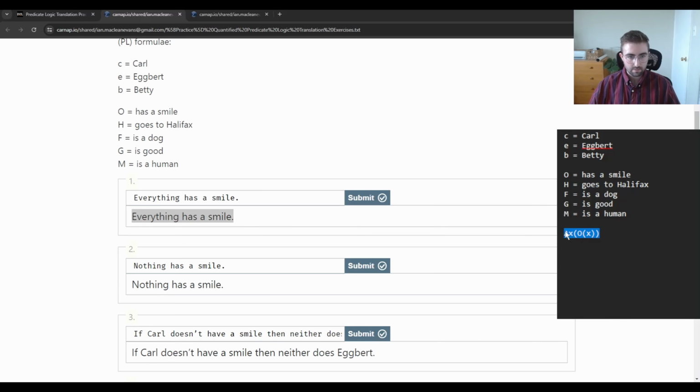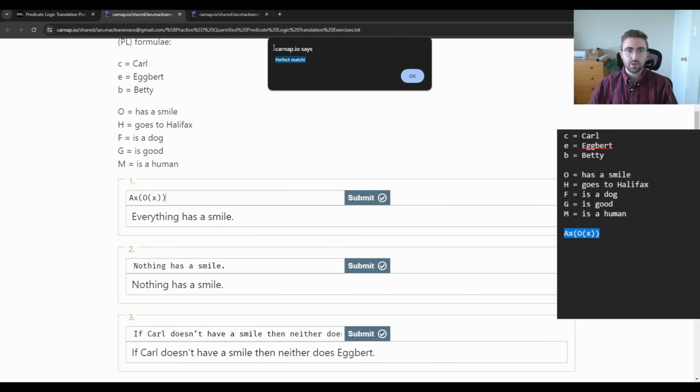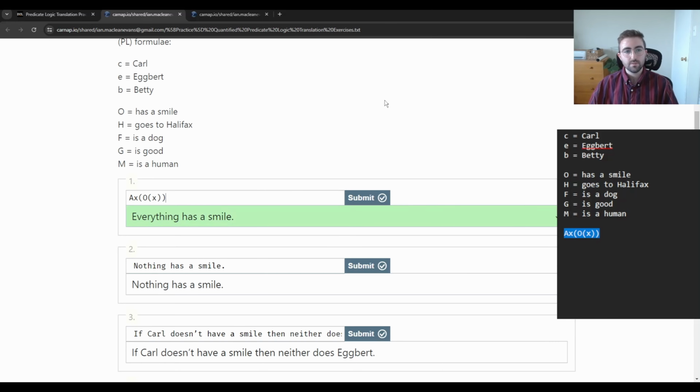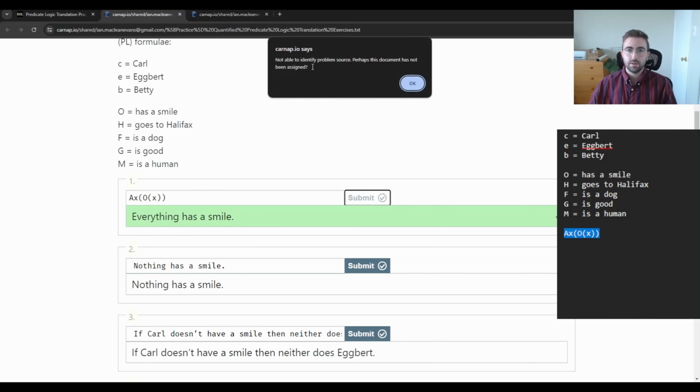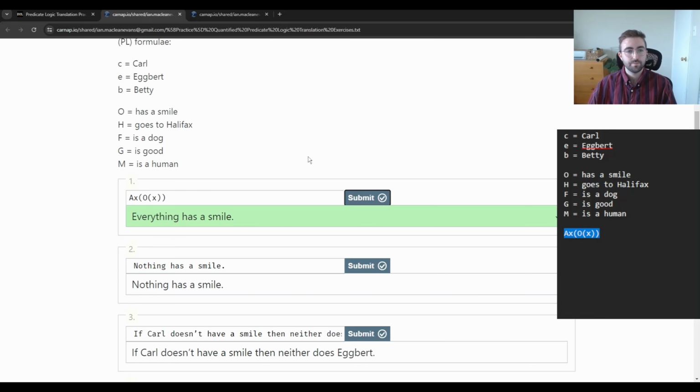So we'll copy that, stick it in our Carnap practice session. Again, you should do the problem set in chapter 11. This is just a practice document you can do. Hit enter, and we'll see perfect match. That's great. Okay. Obviously, this is a practice document, so you can't submit. It says this document has not been assigned, and that's true because it's a practice document.